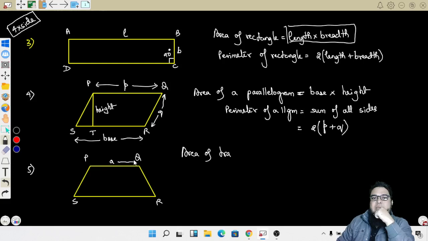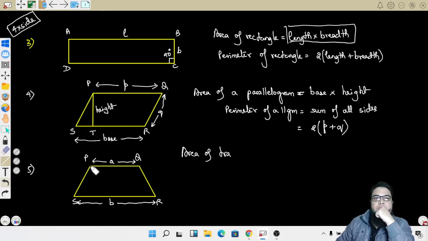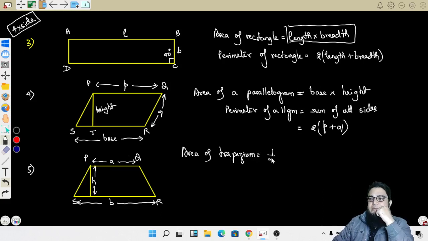Consider this as one side A. Consider this as the largest side, which is considered to be B. And this one is the height of the trapezium, which is considered to be H. So what is the area of a trapezium? That will be half P and Q, that is the length of the sides.